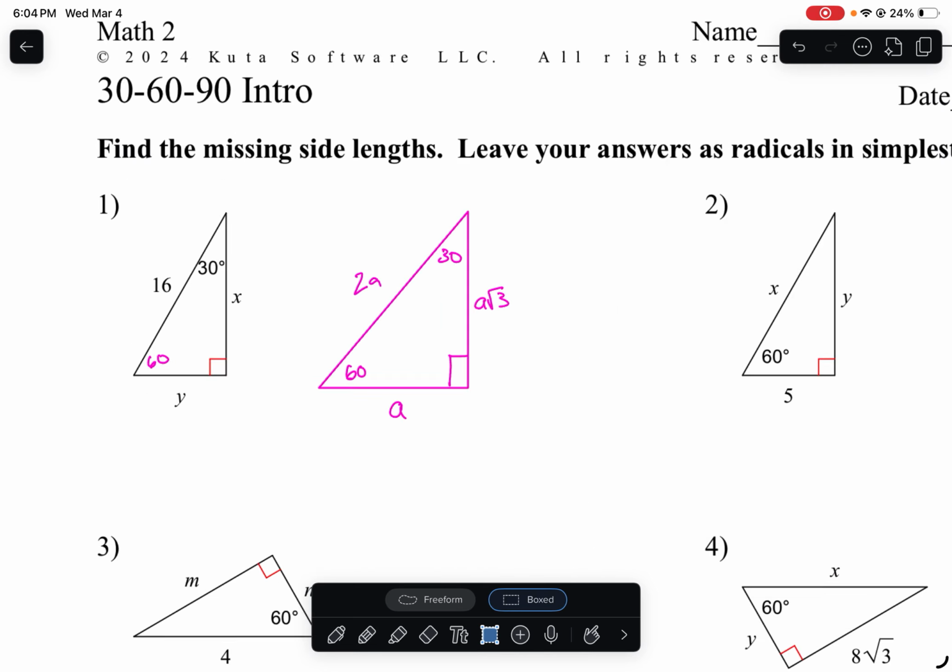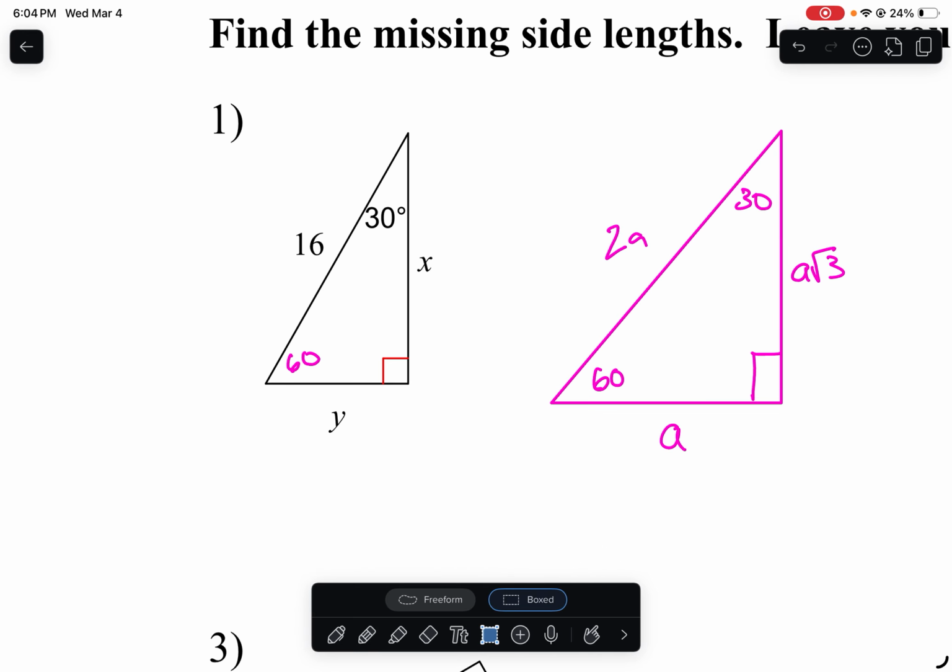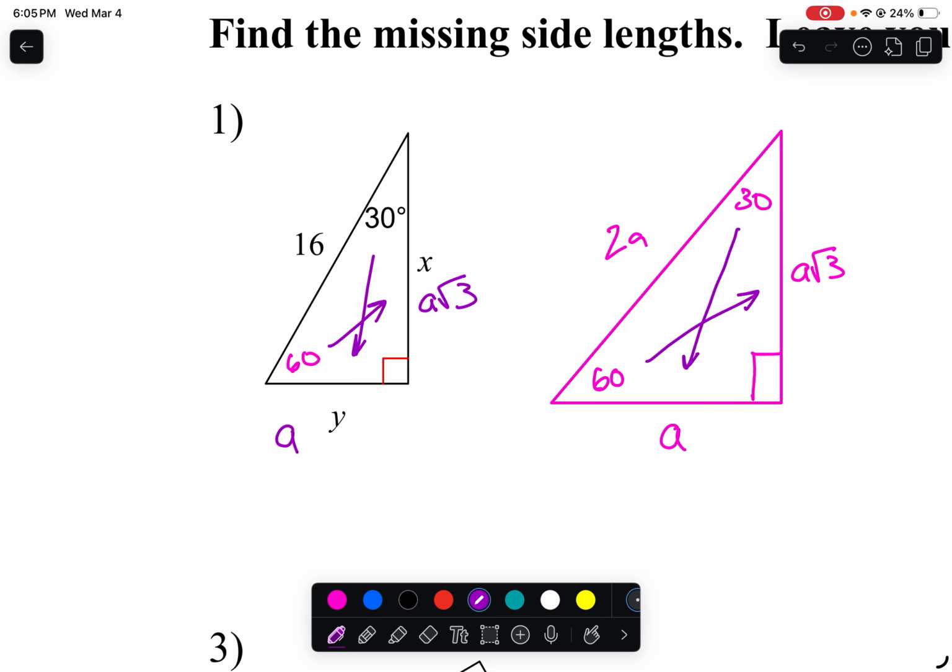So what we're gonna do is label the sides associated with these ratios. So we know that the side across from 60 is going to be our A root 3. The side across from 30 is going to be our A. And then the side across from 90 is our 2A. All right.